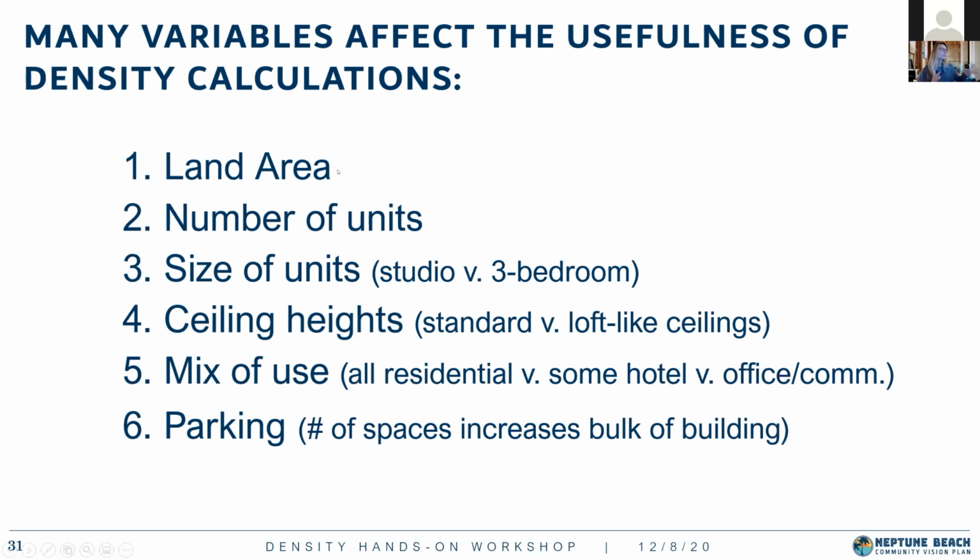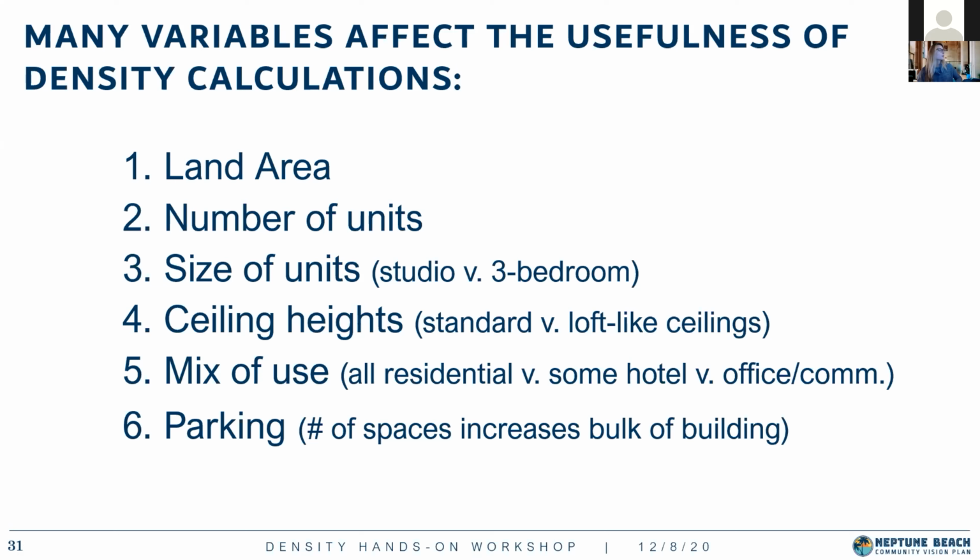And as I've mentioned already, there are a lot of variables that can affect how useful a density figure is. One of them, like we've seen already, is the land area. What is the denominator in our equation? Is it gross? Is it net? If one lot is just a tiny bit smaller than the one next to it, that can already have a large effect on the measured net density of that individual property.